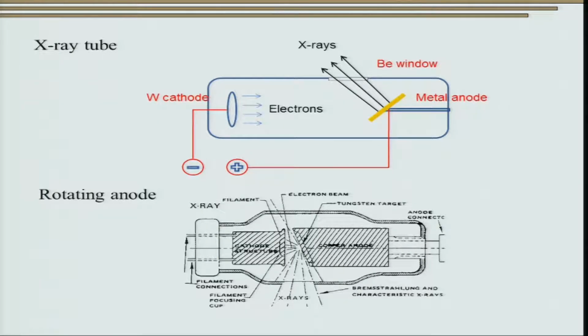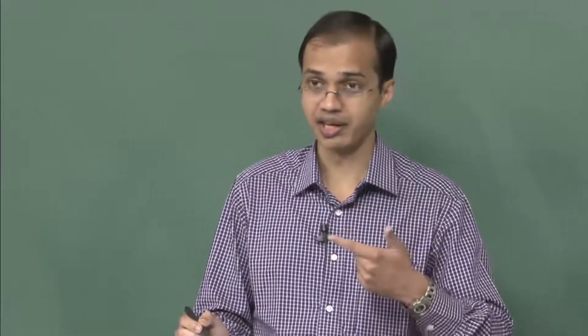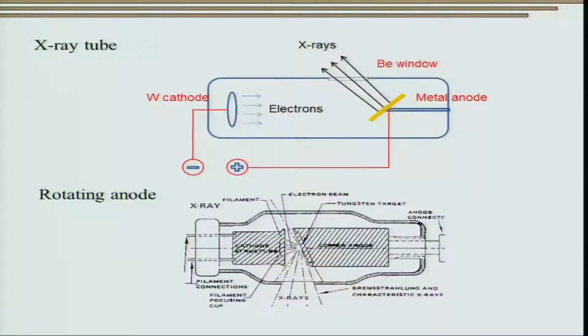This rotating anode, which is physically rotating and at the same time cooled, ensures that the electrons are hitting the anode in different regions, so the flux of electrons heating the anode and producing X-rays can be much higher. The rotation of the anode ensures that the flux of electrons, and therefore the flux of X-rays, can be higher without overheating the anode.